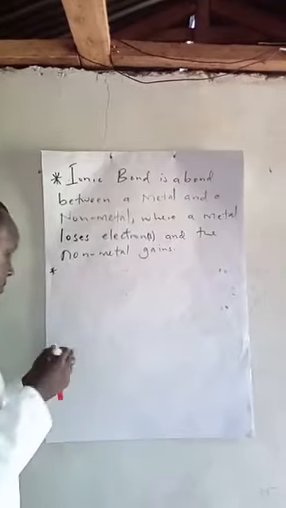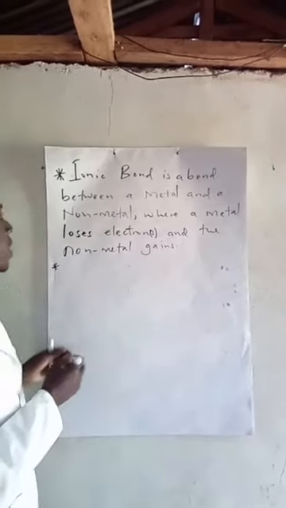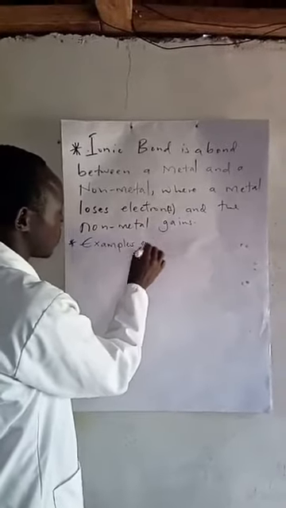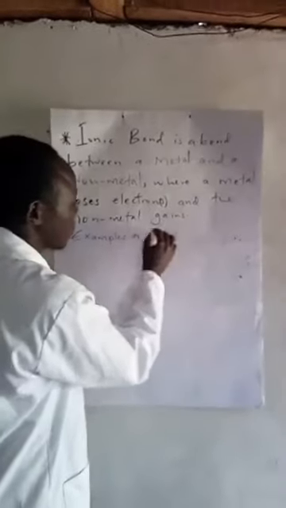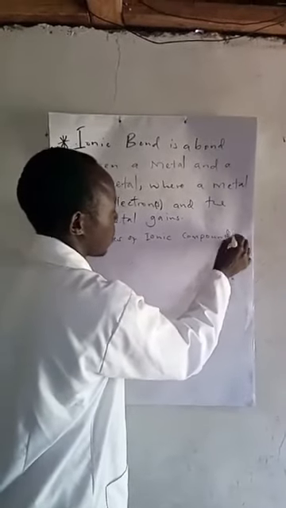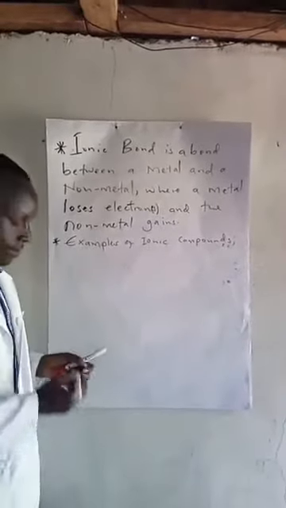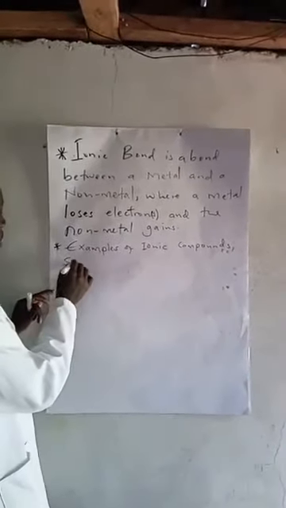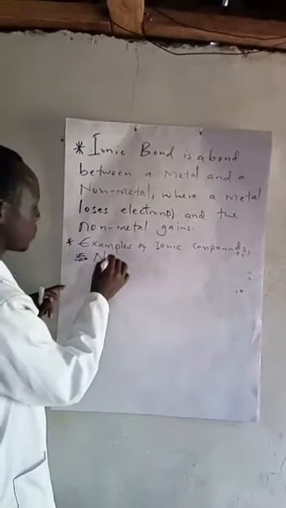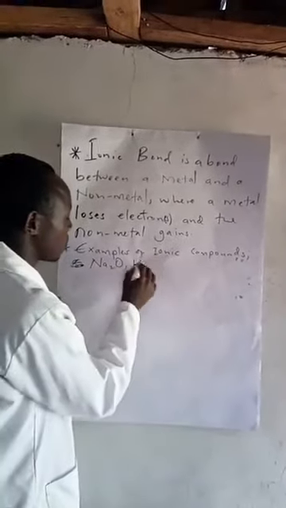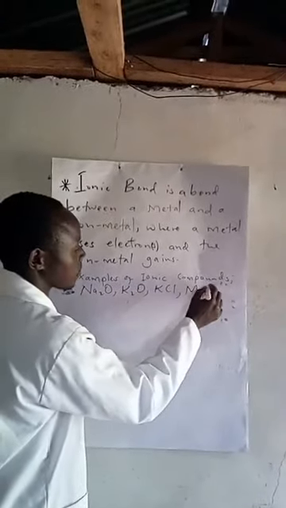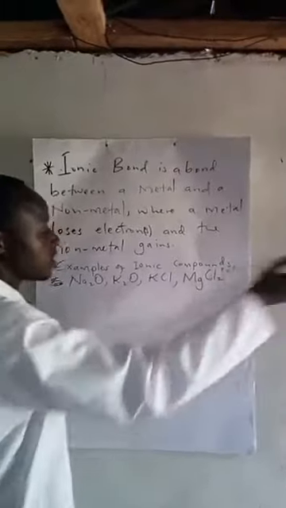Again, we also need to mention examples of ionic bonded compounds. Examples of ionic compounds, including what we have said already. We have sodium oxide. Let me write the formulas. So we have sodium oxide, potassium oxide, potassium chloride, magnesium chloride, etc. So many of them.